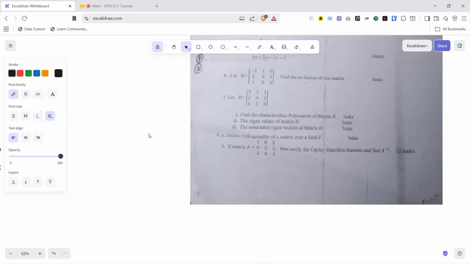So first, they want us to verify the Cayley-Hamilton theorem, and then using that, we are going to find the inverse of this.